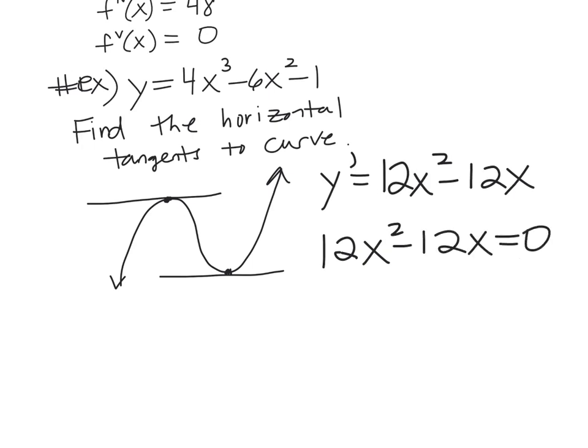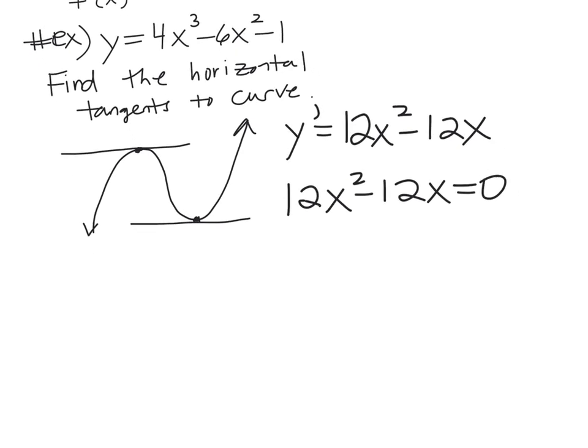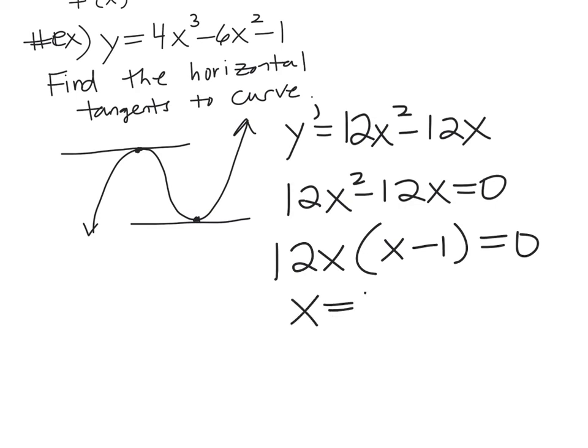You might have to solve by quadratic formula. That stinks. But this one's pretty easy to solve. We could just factor out the GCF. So we could factor out a 12x. And then we're left with x minus 1. Okay? So then I get that it would be at x equals 0 and also at x equals 1.